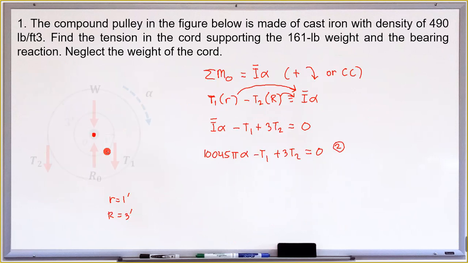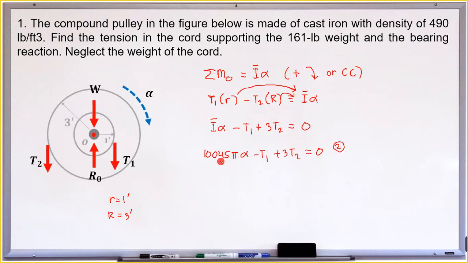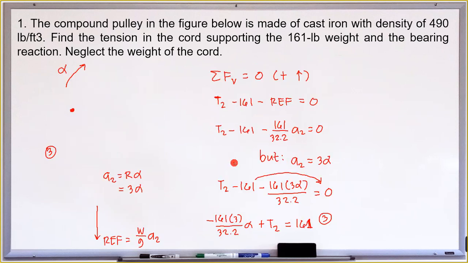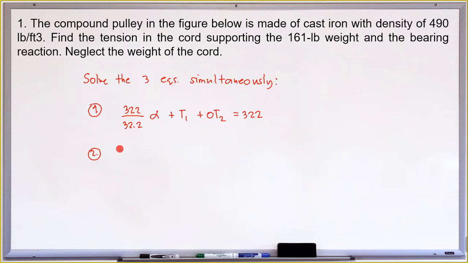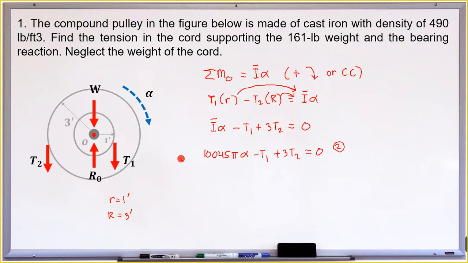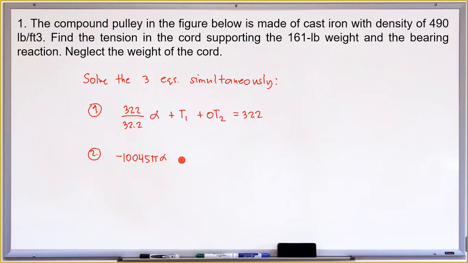Second equation, we have this. 10,045 pi alpha minus T1 plus 3T2, so we have negative 10,045 pi alpha minus T1 plus 3T2 equal to 0.